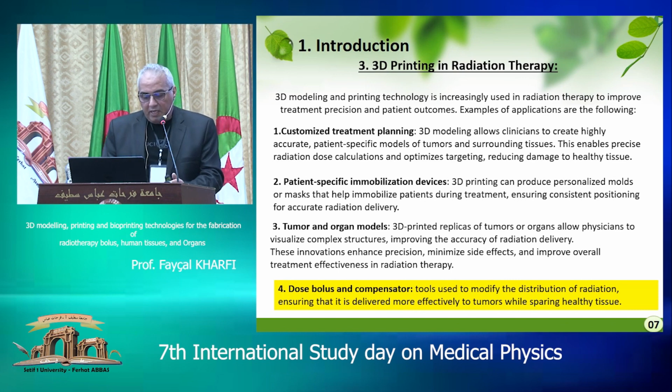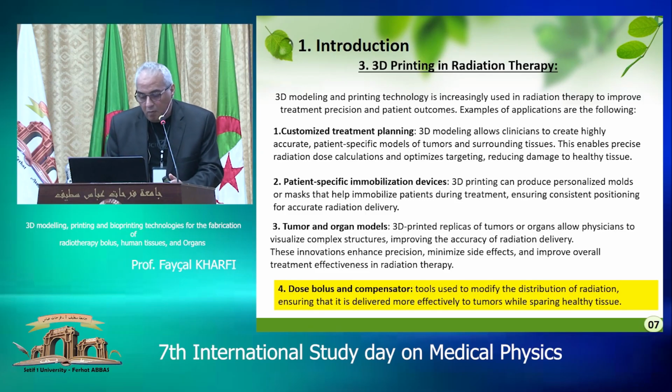The third application is tumor and organ models. Here 3D printed replicas of tumor or organs allow physicians to visualize complex structures, improving the accuracy of radiation delivery. And the last application, which is the objective of our research project, is bolus and compensator fabrication.